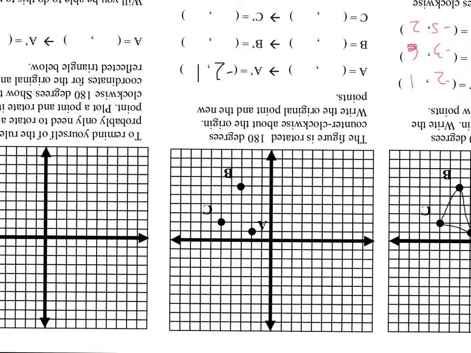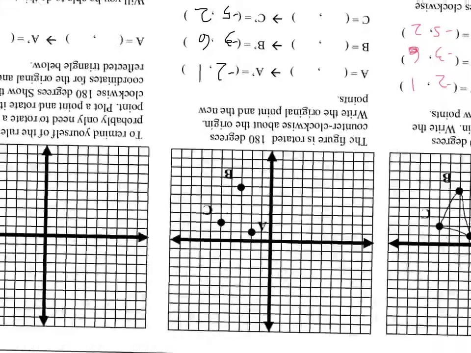My B is -3, 6. And my C is -5, 2. And so now I rotate this all the way back around.